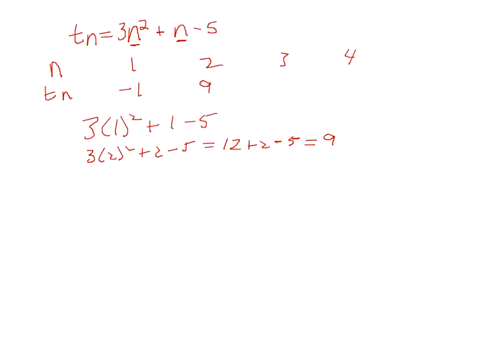When I plug in n equals 3, it's in a different color so you can see what we're doing. 3 squared is 9, times 3 is 27, plus 3 is 30, minus 5 is 25.